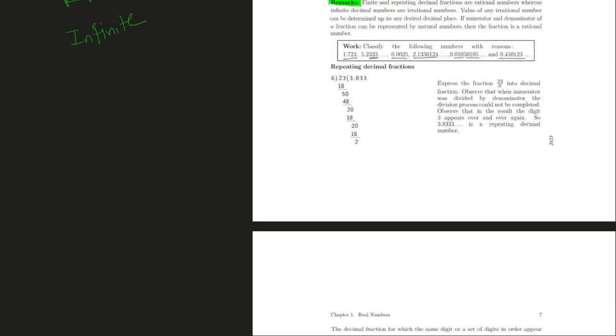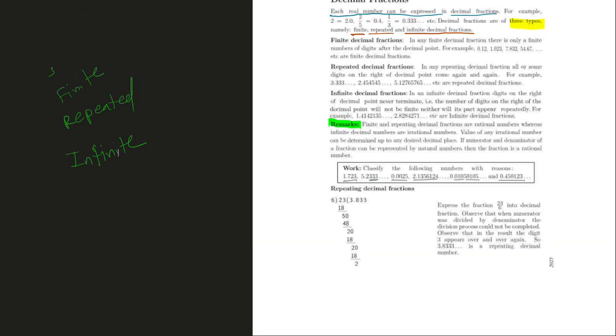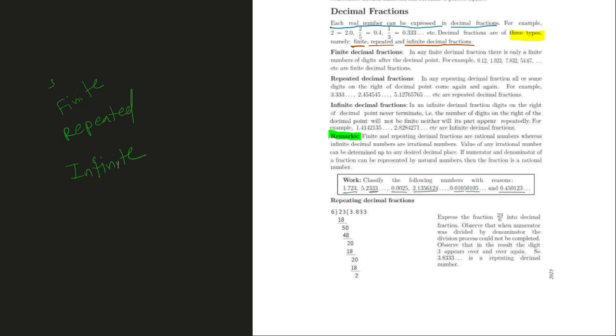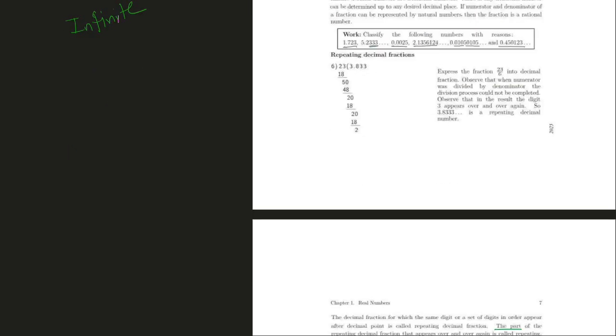Okay, so here there is a work given. They asked to classify the following numbers with reasons, like if they're rational, irrational, or like the repeated decimals, that sort.